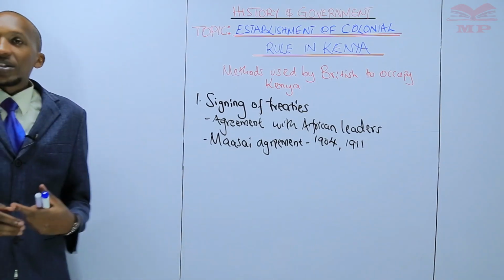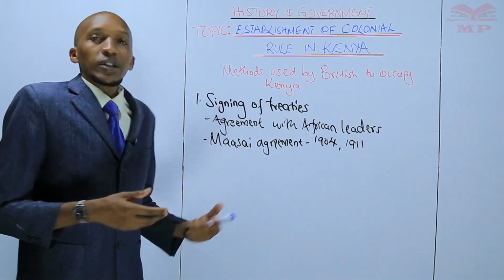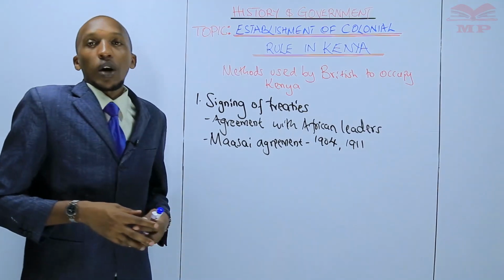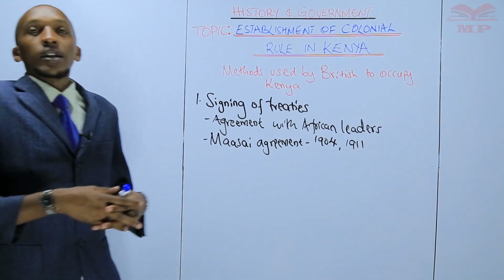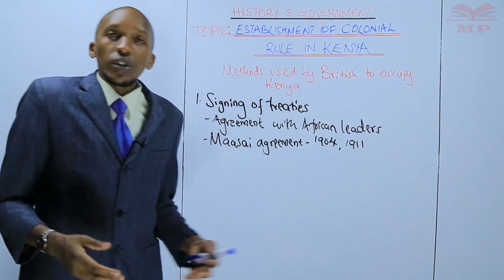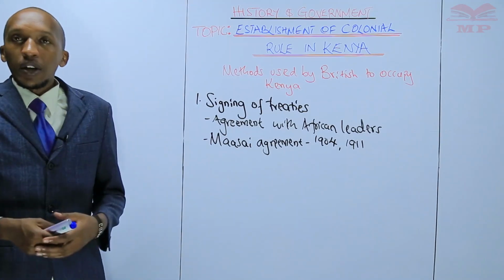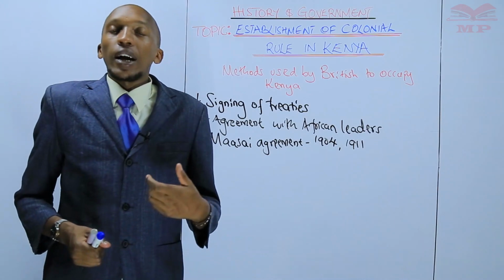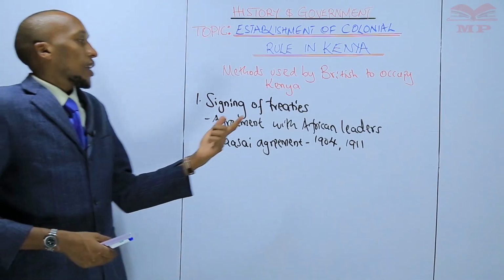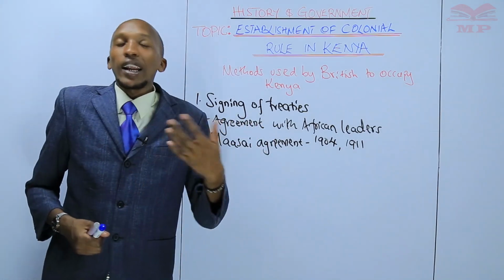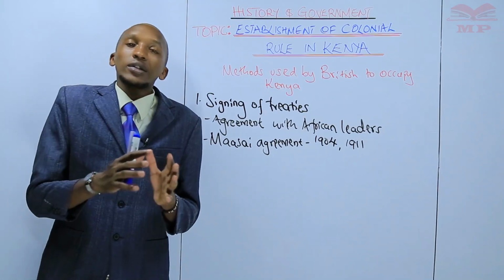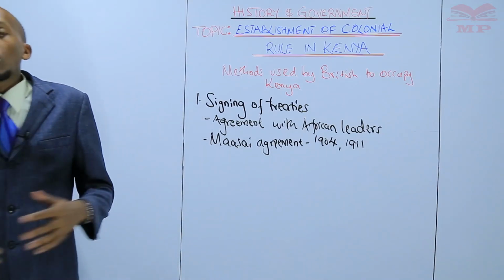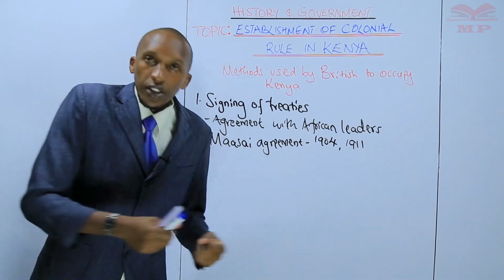To the Africans, these agreements had no meaning because they were only trying to allow the British for a time. But for the British, it was a legitimate commitment by the African leaders that they had allowed the British to take authority over that land.